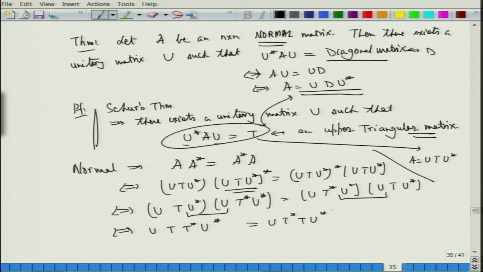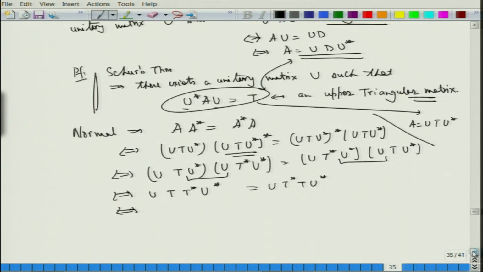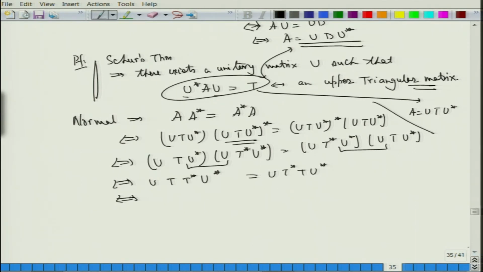Fine. So now U is an invertible matrix, U is unitary, so invertible, and therefore I can multiply by U star on the left and U on the right, and therefore this will imply that this is same as T T star is equal to T star T. Fine.